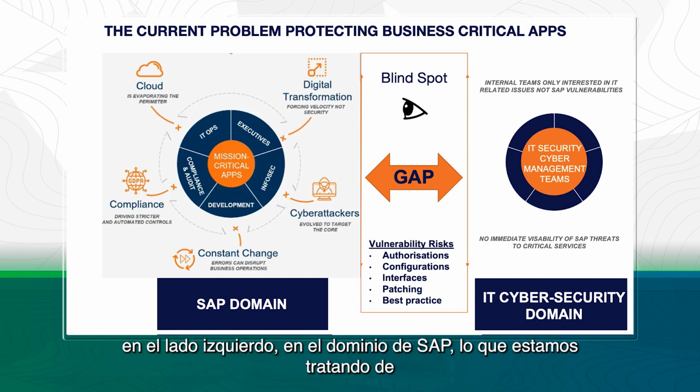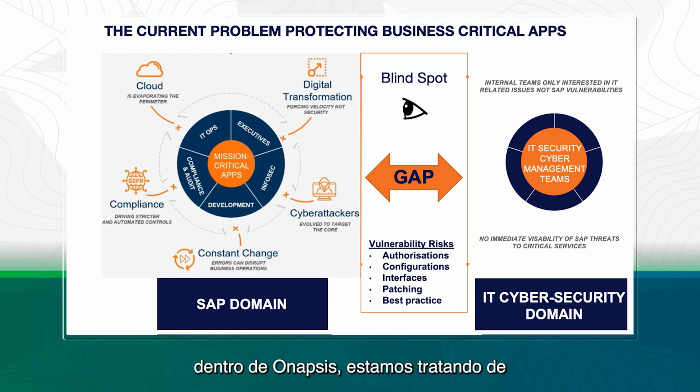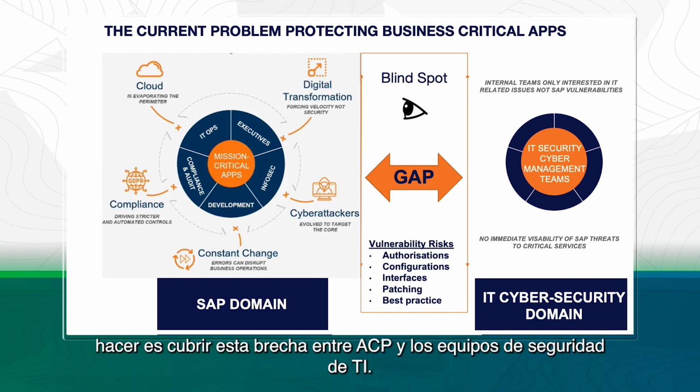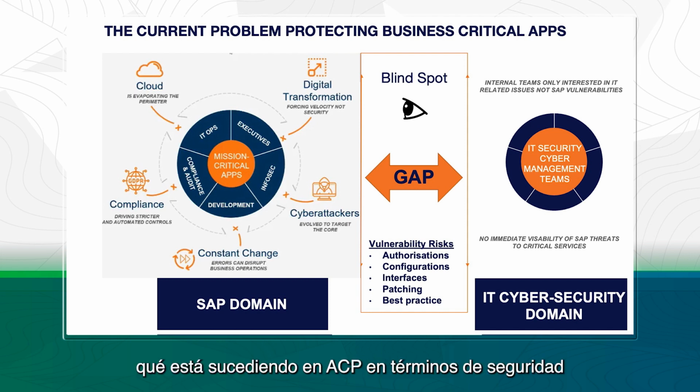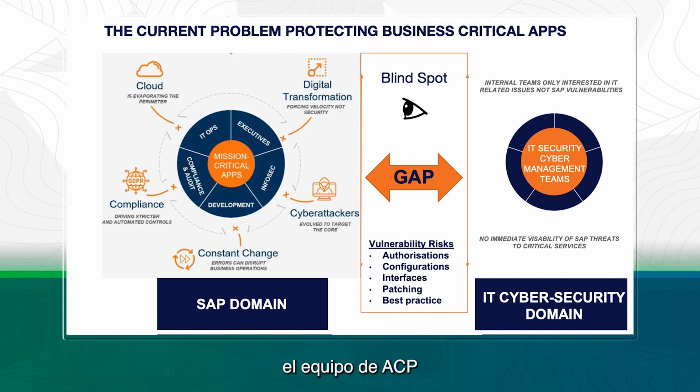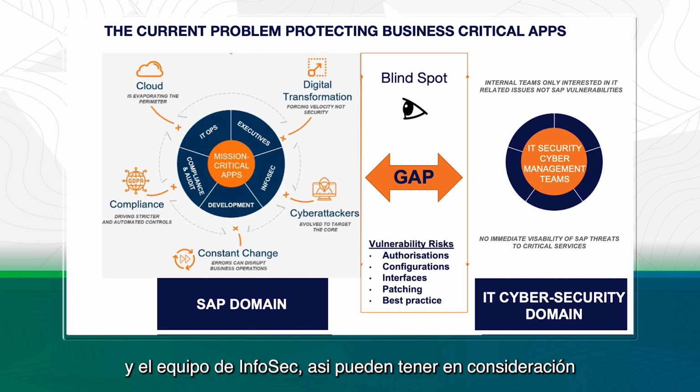What we are trying to do at Onapsis is cover this gap between SAP and IT security teams, so you are able to see what's going on in SAP, what the security is, and to have better collaboration between the SAP team and the InfoSec team, taking into consideration the different vulnerabilities around authorizations, configuration, interfaces, patching, and best practices.